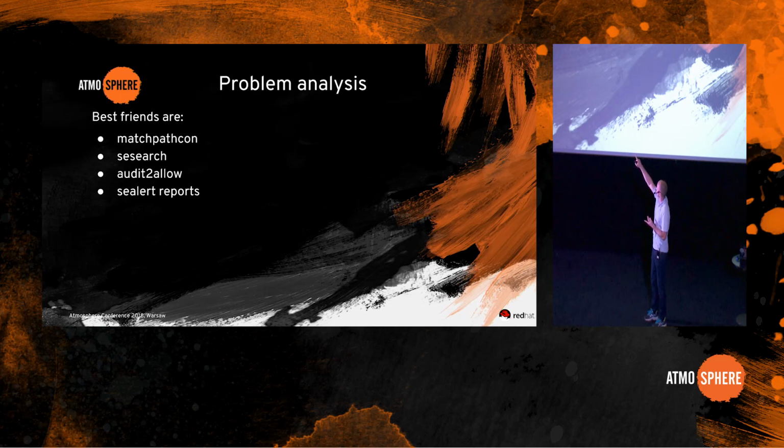So there is a tool called matchpathcon, and if you run matchpathcon with a path, it tells you what the label of the object in the path should be. Then there is a tool, seinfo-search, sesearch. Sesearch is a tool which allows you to query an SELINUX policy and to list various rules based on the criteria you put in.